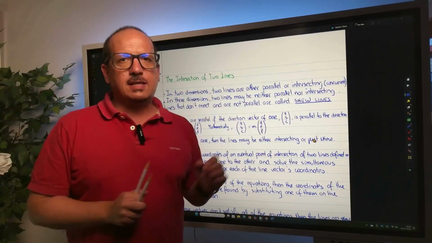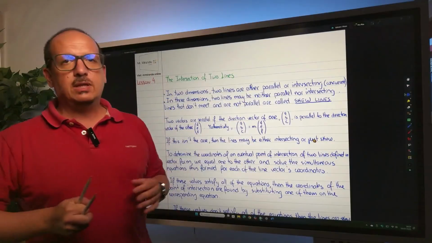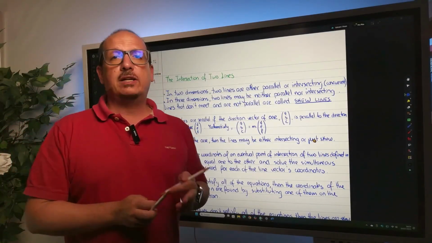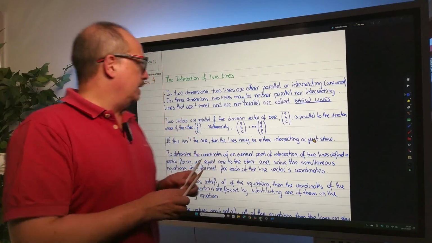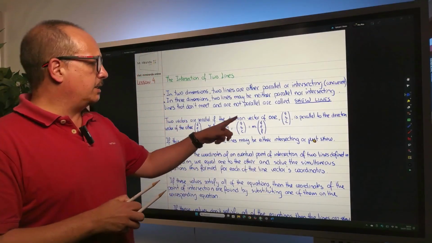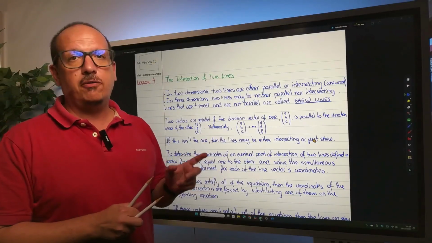So in this type of questions, what can you be asked? You can be asked to begin with to figure out if 2 vectors are parallel. If 2 vectors are parallel, then the direction vector of one must be a multiple of the direction vector of the other.